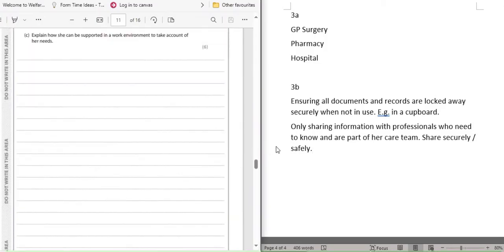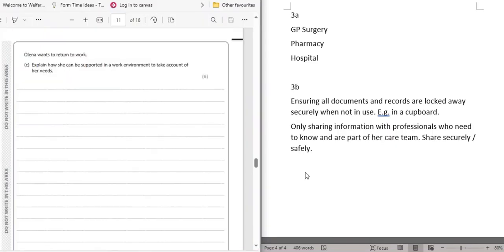Okay, 3C. Oh, we've got a little bit of context to miss. So Alina wants to return to work. It says explain how she can be supported in a work environment to take account of her needs. Okie dokie. So if we're thinking about Alina returning to work, she wants to go into a workplace, how are we going to support her?